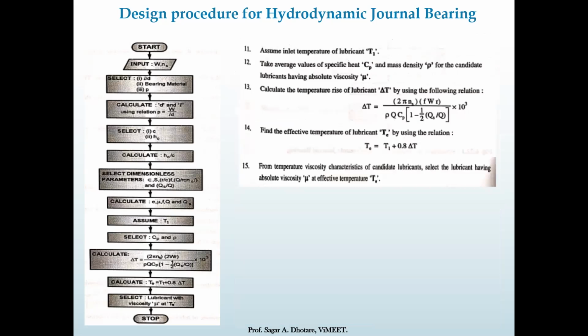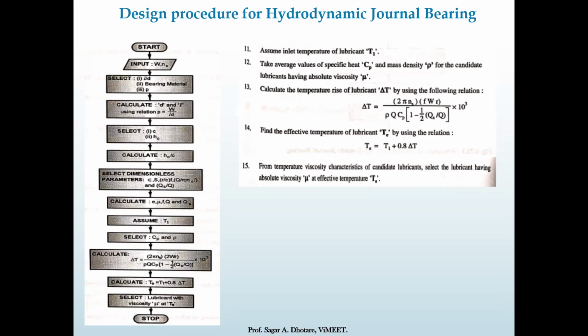Next, for the temperature rise, we need to assume an initial temperature if we don't have one. Then take average values of specific heat and density, based on the proper value of absolute viscosity.